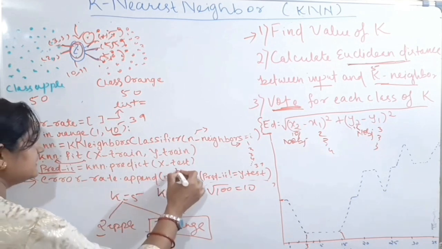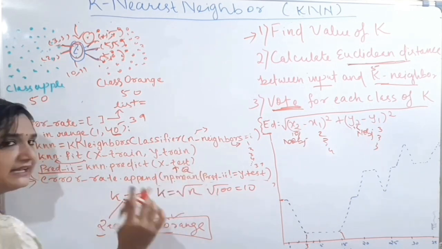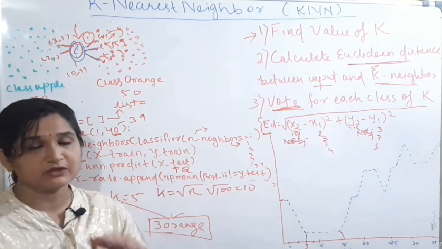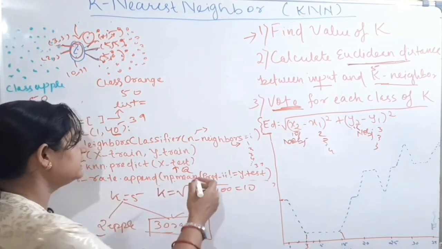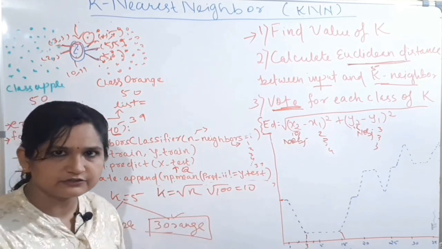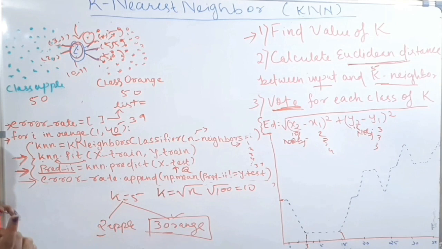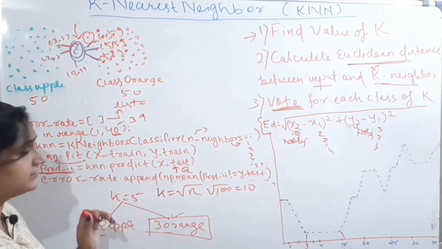So here x test is nothing but the question given to the KNN algorithm. Here you can say apple or orange will come, and the algorithm will predict that it is the apple or it is the orange. It will predict in this variable that it is an apple or it is an orange.